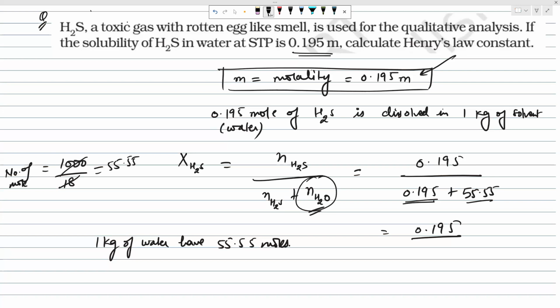Adding 0.195 to 55.5 moles is a very small quantity, so you can assume it is approximately 55.75. Okay, so this is the mole fraction. Now you get this value of mole fraction.